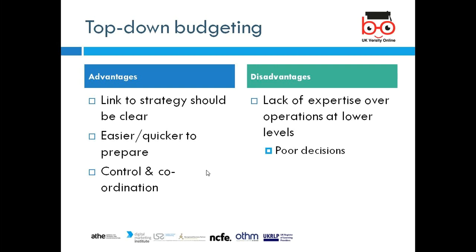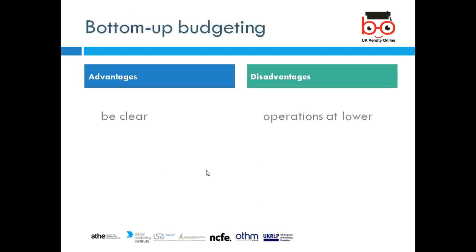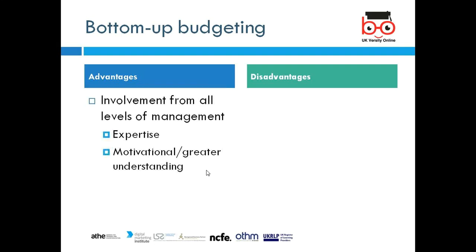Basically the purpose is understanding. If you're sitting at the top level making the budget, maybe that budget is not reflecting reality. So there is a lack of expertise over the operational at the lower level, poor decisions, lack of involvement of middle management, and less commitment, and that can be demotivating.